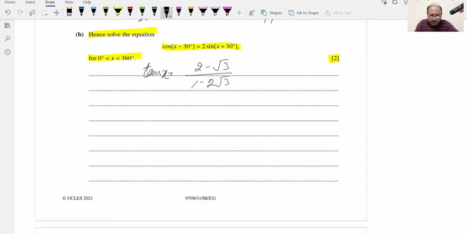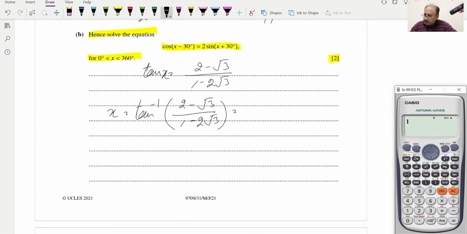So x will be equal to tan inverse of 2 minus under root 3 over 1 minus 2 under root 3, and this one we can take as tan inverse of the fraction, 2 minus root 3 over 1 minus 2 root 3.